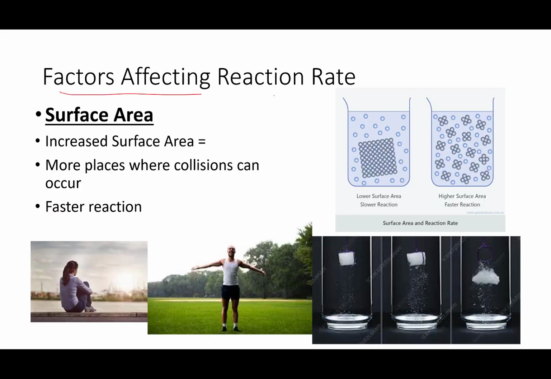Another thing that's going to impact reaction rate is surface area. If you've got a chemical that is really tightly packed and only the outer edge of that chemical is going to react with all of the other things around it, the chemicals inside the middle are off limits.